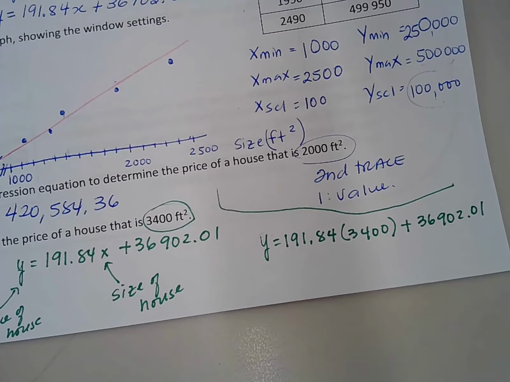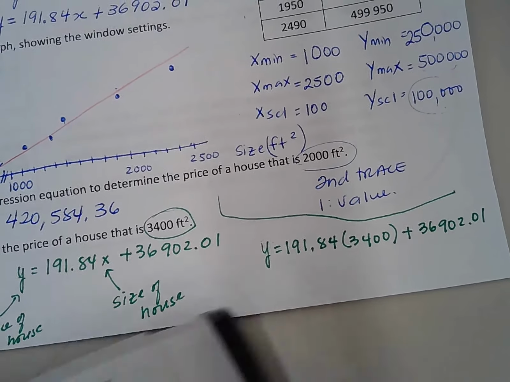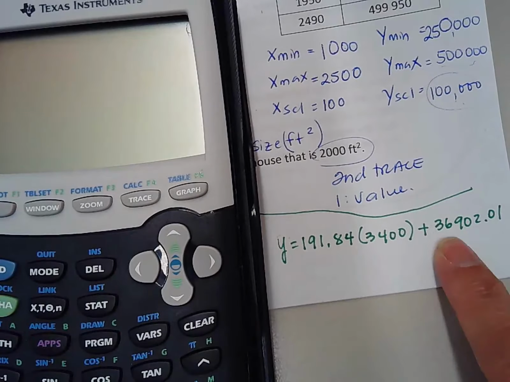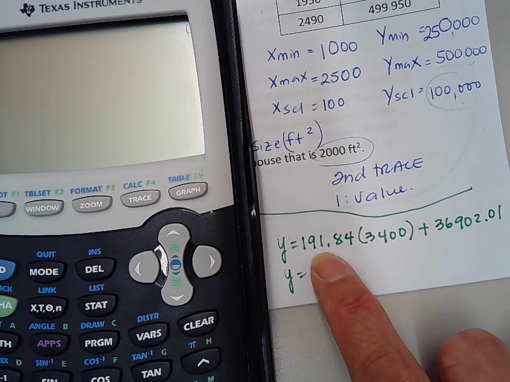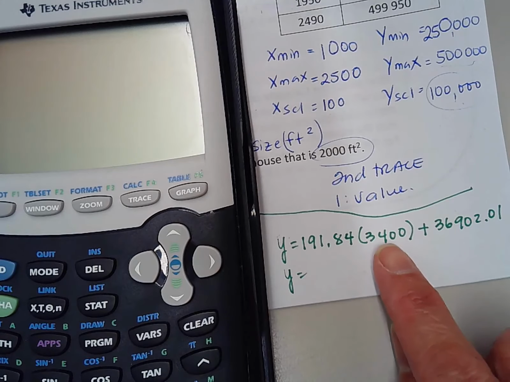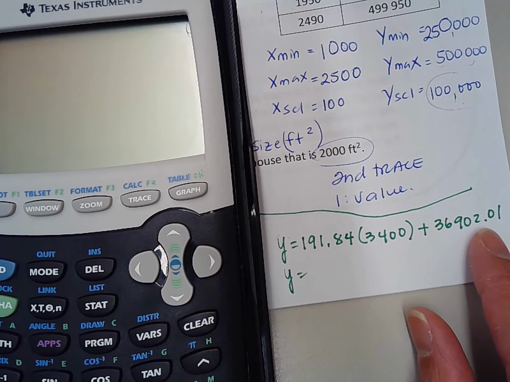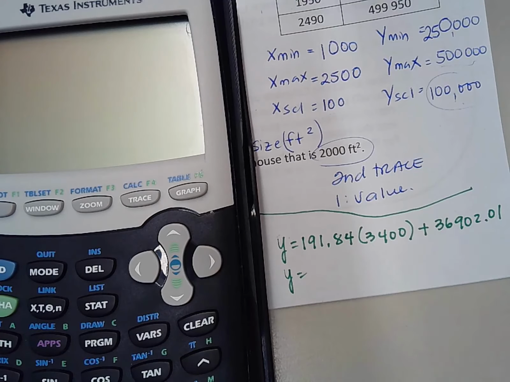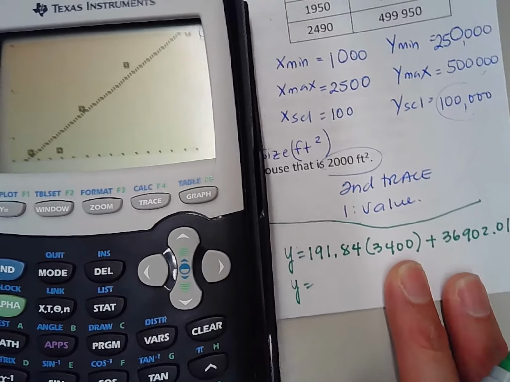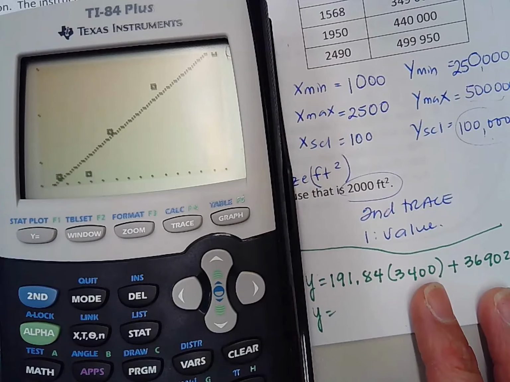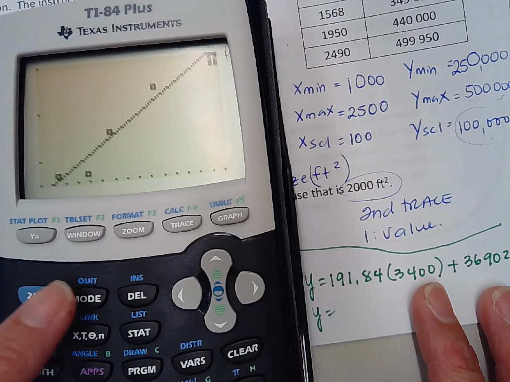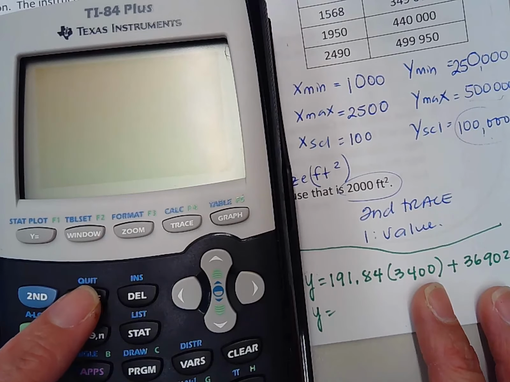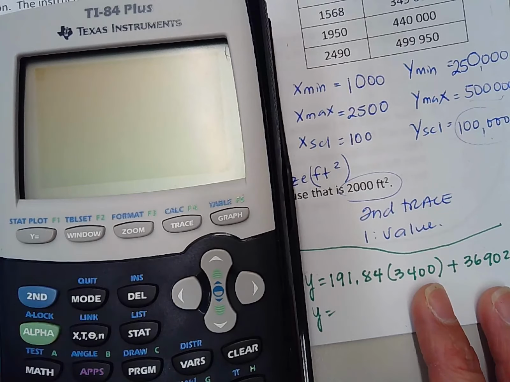Now what I'm going to ask you to do is calculate that one. Take your numbers, 191.84 times 3,400 plus this. What does it give you? Okay, how do you get out of here? Second function, mode, to quit.